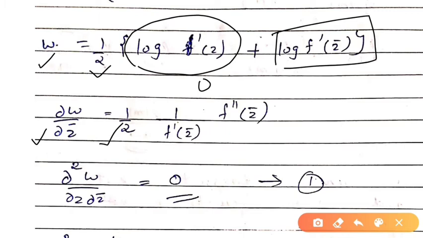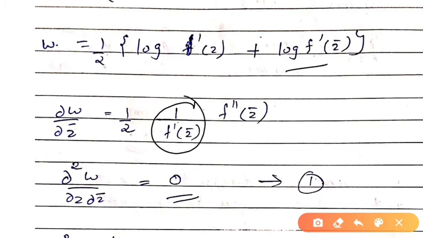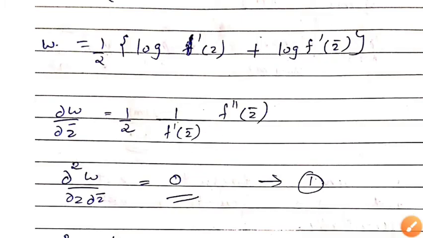So how will I differentiate this? Now we know that differentiation of log x is 1 upon x. So I can write the differentiation of this term as 1 upon f dash z bar. Again I have to differentiate this particular term. Okay, so differentiation of f dash z bar will be f double dash z bar.